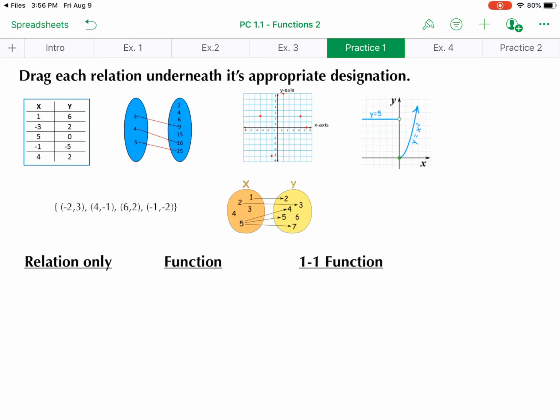You can't do that on paper, so what I want you to do is pause the video and take a few moments to write next to each type of relation what its classification should be. Then you can come back and check on the video where I have dragged each relation to. So take a few minutes to do that.